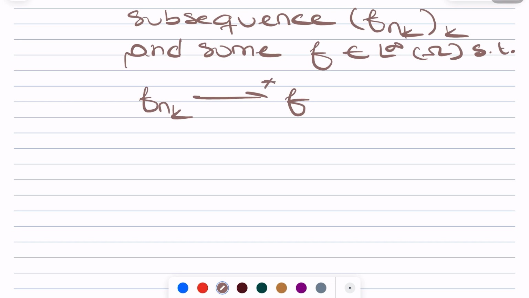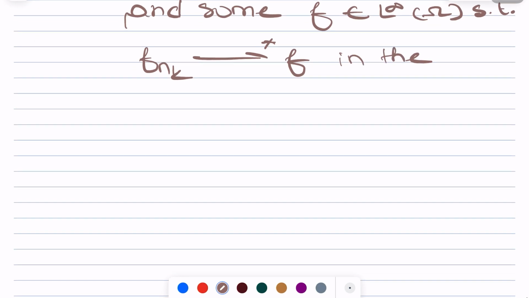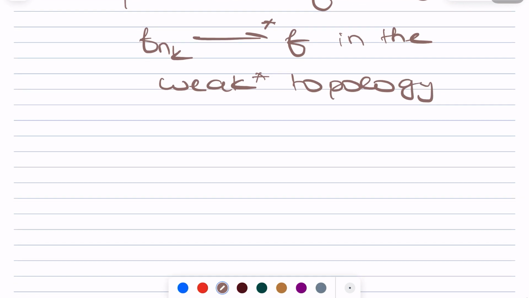So this is in the weak star topology sigma(L infinity, L1).